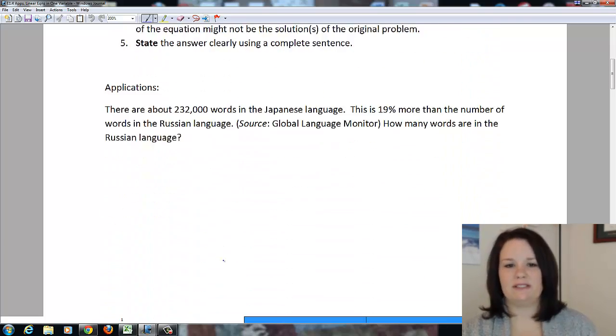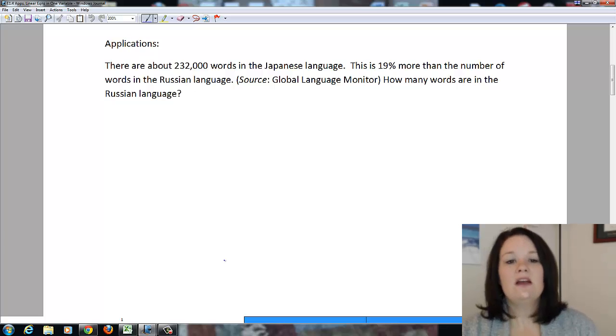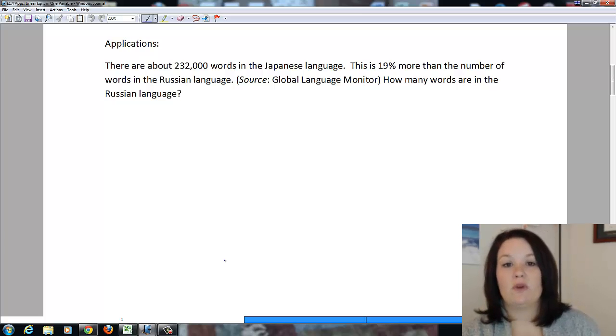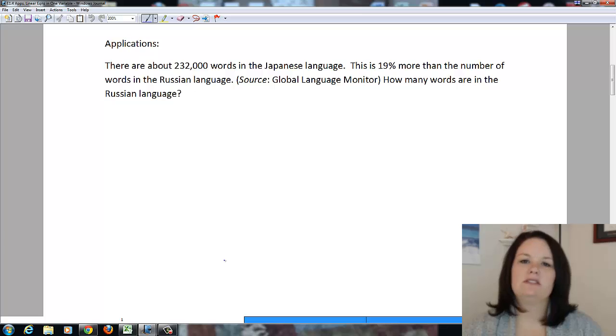This first one says there are about 232,000 words in the Japanese language. This is 19% more than the number of words in the Russian language. How many words are in the Russian language? Now, in my math lab, it'll tell you how to analyze your answers. I forgot to type that in, so I'm going to go ahead and just write it in as we go.